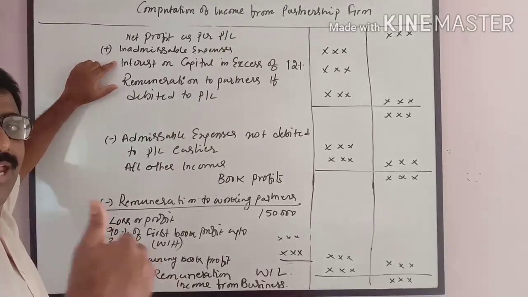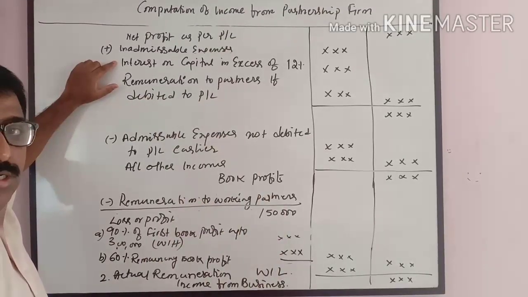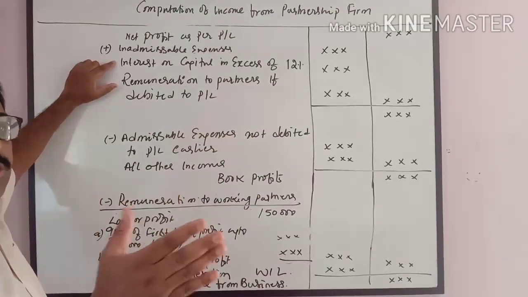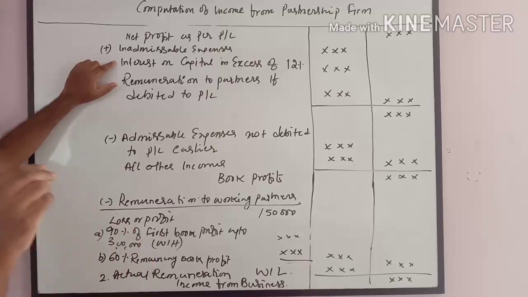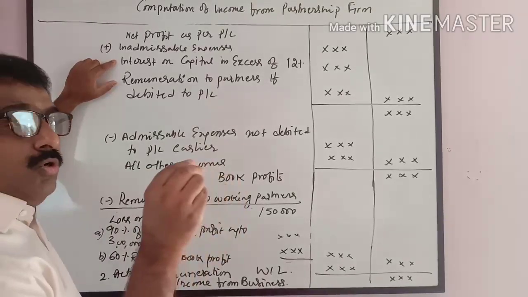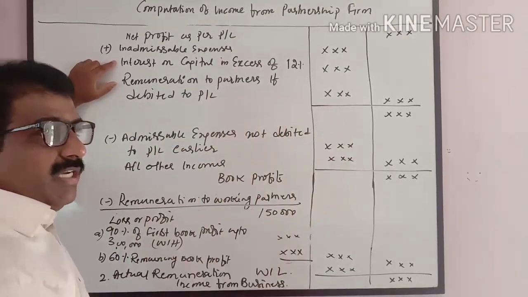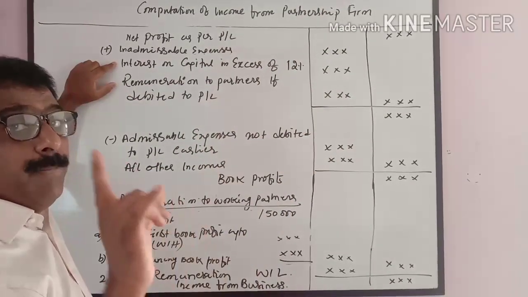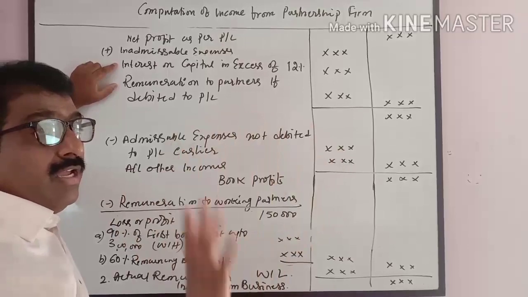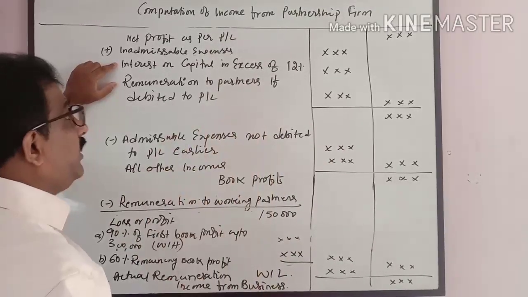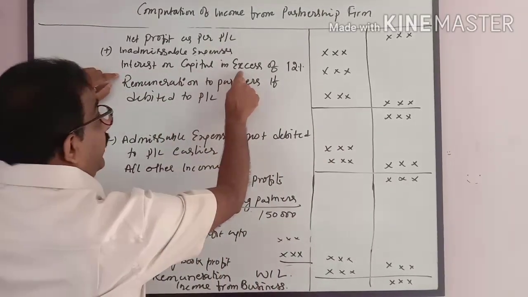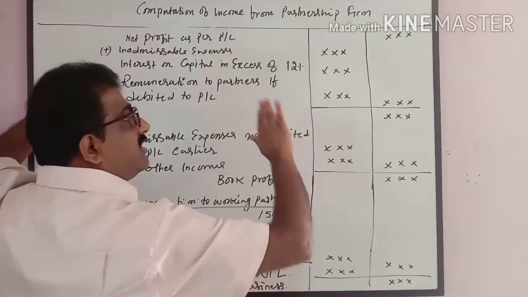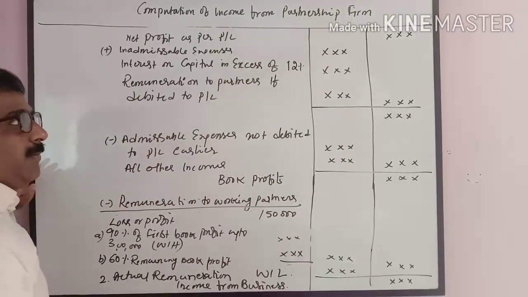Whatever may be the rate given by the partners, interest on their capital. Suppose in the partnership deed, all partners are eligible to take 15% interest on their capital. Means 15% is charged, but income tax will never give exemption up to 15%. Interest on capital in excess of 12%, whatever is there, is to be added back to the profit.